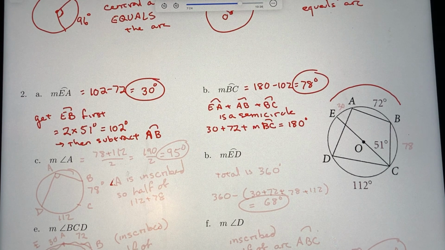Okay, measure of angle A. Again, looking at angle A, the other ends are at B and D. And so it's going to be half of the arc, and we can figure out the arc because we just figured out the BC was 78 degrees and CD is 112.